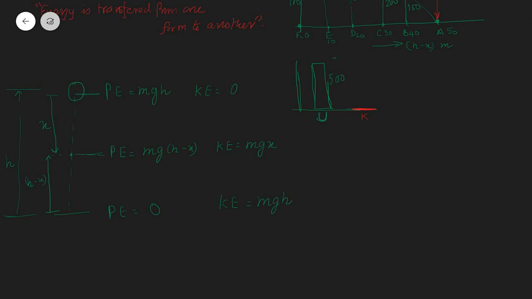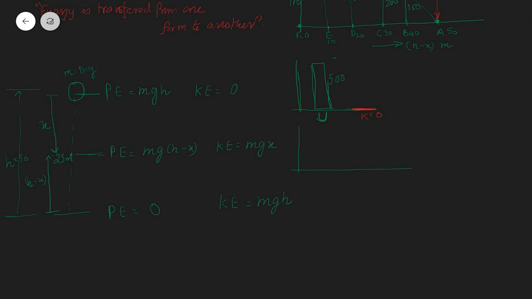So u is 500 and k is 0, and at this point, let's say this is at midpoint, which is at 25 meters, this is 50 meters, sorry. Same scenario as before. This is 1 kg.